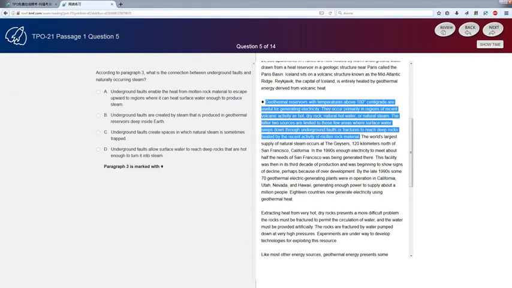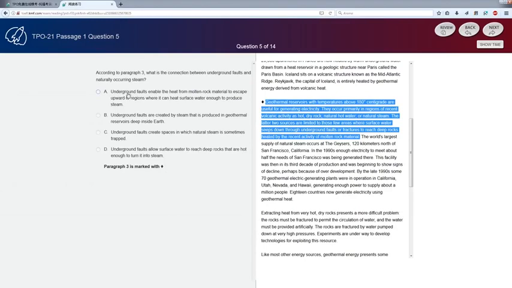As you can see, the latter two sources are limited to those with areas where surface water seeps down through underground faults or fractures to reach deep rocks heated by the recent activity of molten rock material. So it is exactly this.